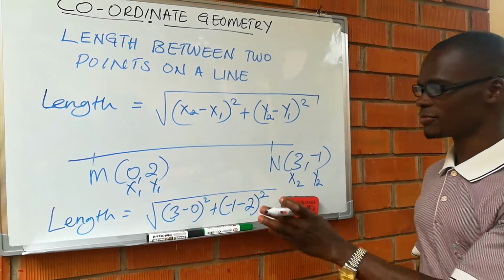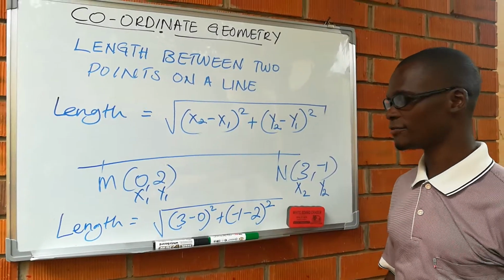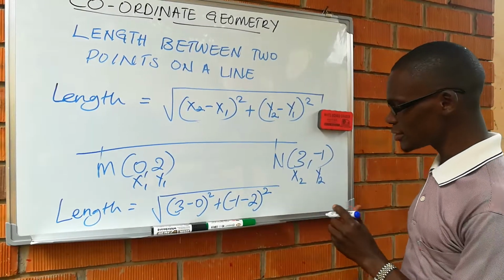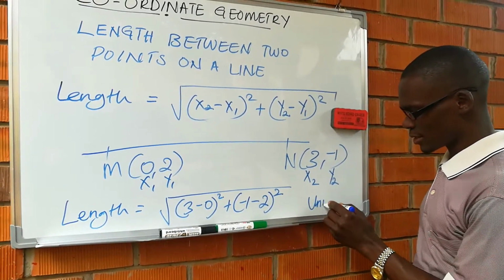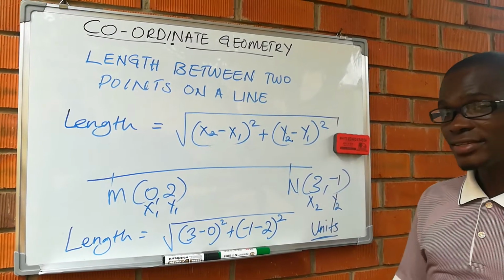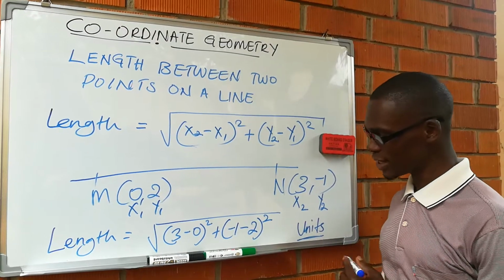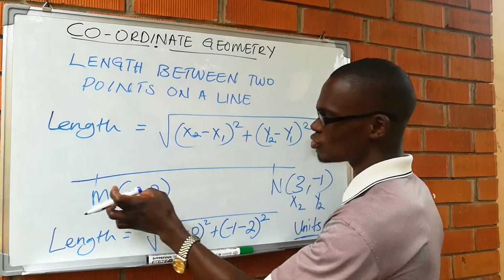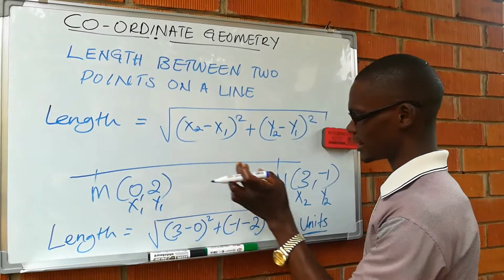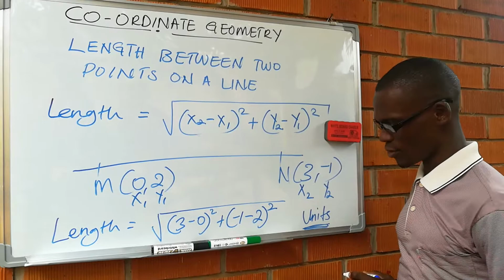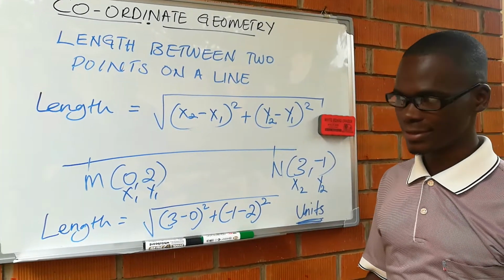So you simplify this and find the final answer. The units, we write the word units because that gives us the units that are between m and n. So we must write the word units on our final answer.